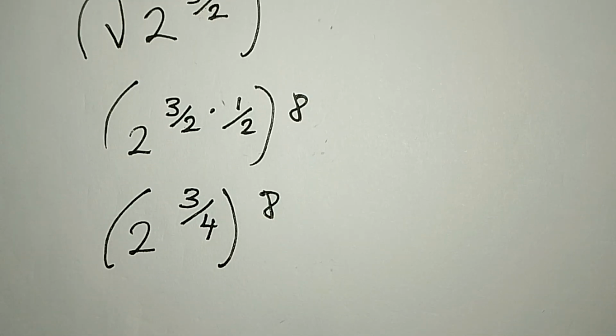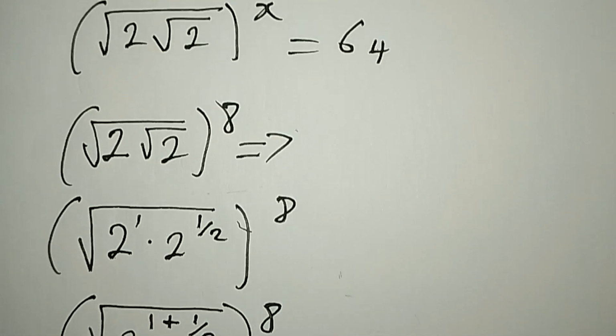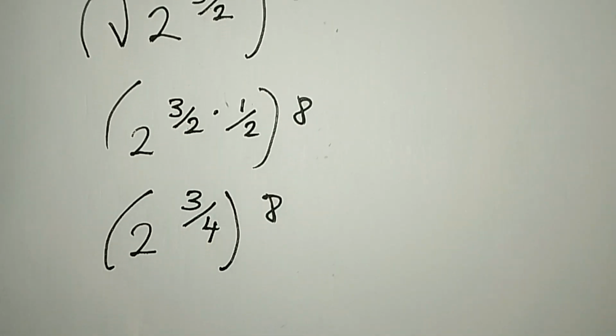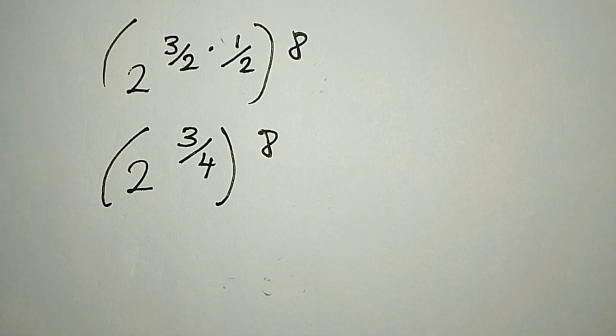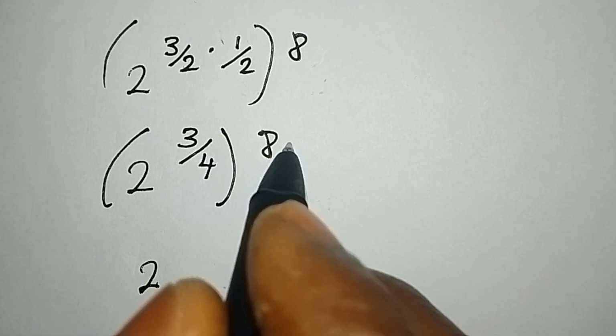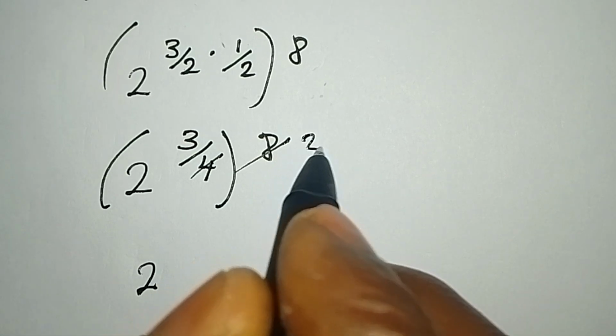Remember what we are looking for. We are looking forward to having 64, right? Look at 64 on the other side. If we don't get 64, then we are wrong. So from here we have 2. By the way, since we are to multiply the powers, this can go there and we will have 2.